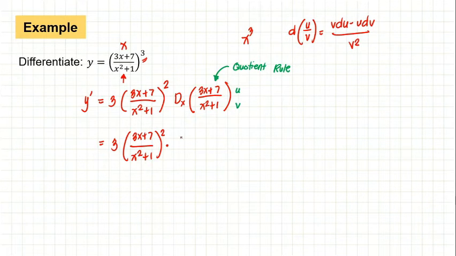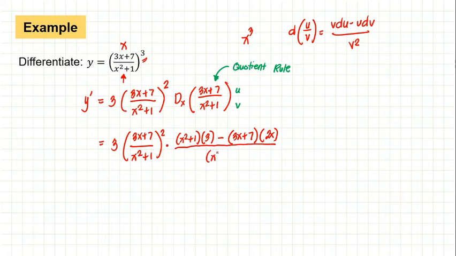So v, so that is x squared plus 1 times the derivative of u. So derivative of 3x plus 7 is just 3. Okay. Minus, we have u, which is 3x plus 7, times derivative of v, which is 2x, right? Derivative of x squared plus 1 is just 2x. All over the square of the denominator v. So you have x squared plus 1 raised to 2.